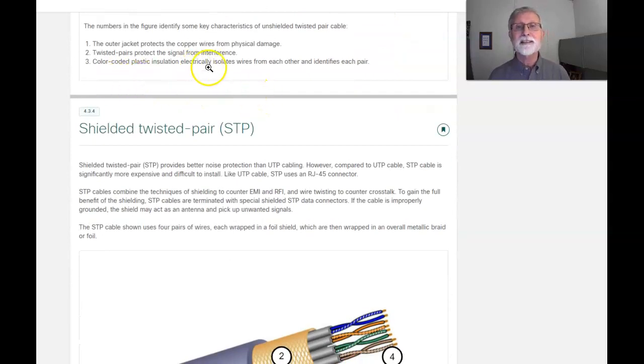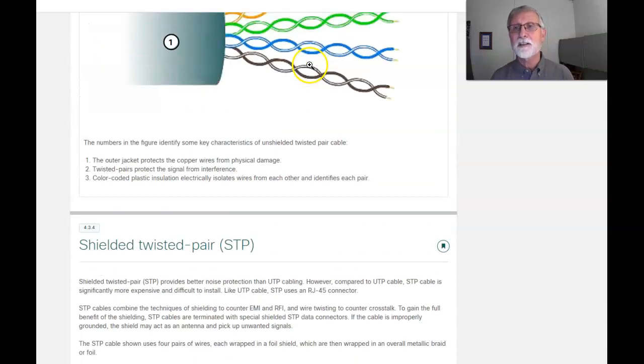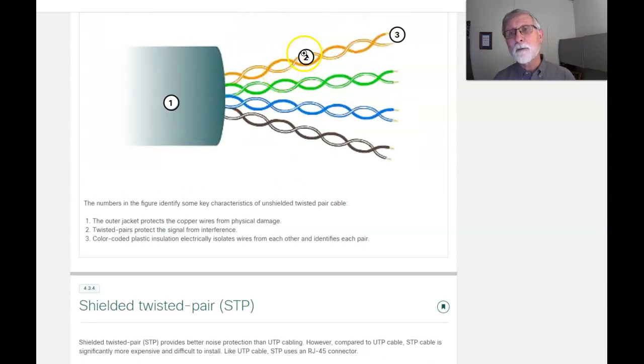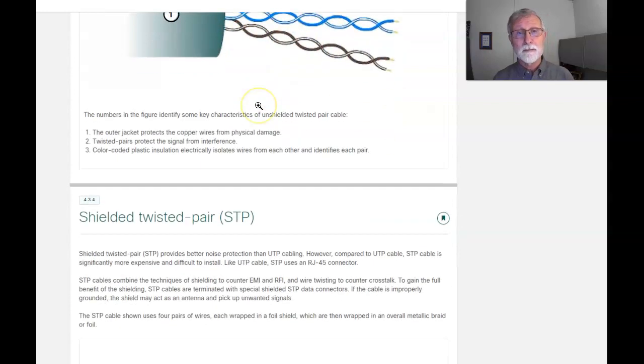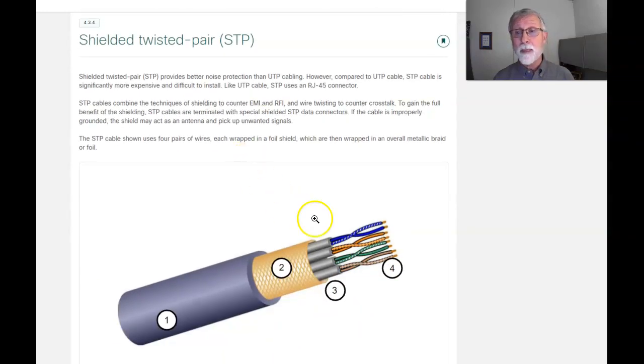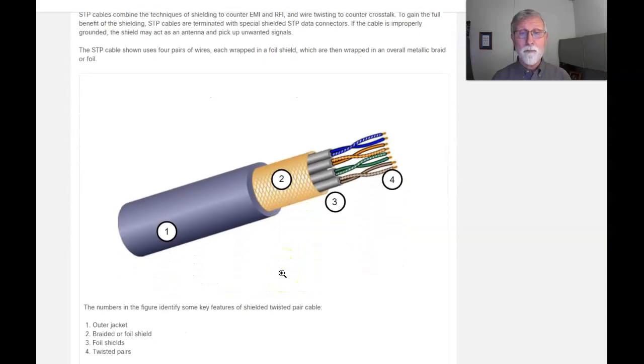That color-coded plastic insulation helps the wires, because each of these wires is protected in rubber. So I've got a little bit of insulation here. The twisting takes out some of the interference. The outer coating helps protect these wires. In the shielded twisted pair, I've got the same twisting inside, the same color patterns, but each one of the pairs is covered, and then I'm putting a shield around it.